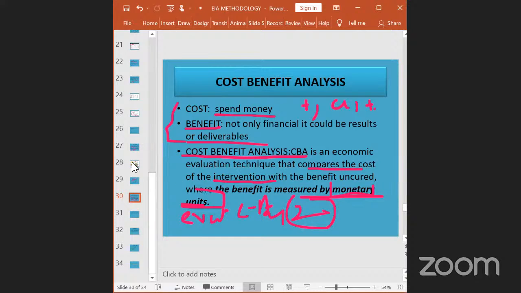So this is the first purpose. And the second one is to provide a basis for comparing projects, which involves comparing the total expected cost of each option against its total expected benefits. So these are the two purposes of the cost benefit analysis.